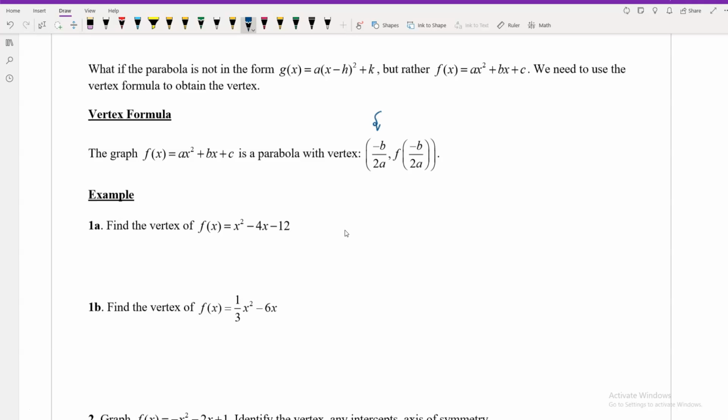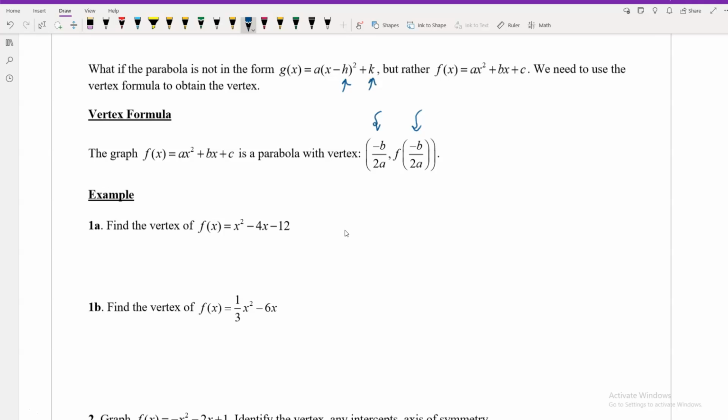This is what we have for h. And then f of -b over 2a, this is what we have for k. So this is how we can find our vertex, but we're not going to say hk, but instead -b divided by 2a, comma, f of -b over 2a.